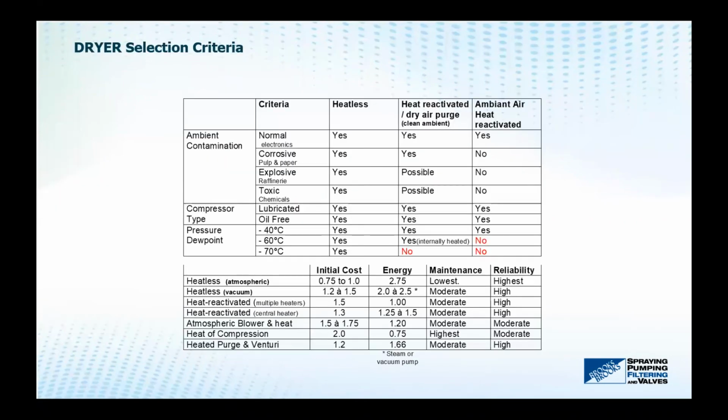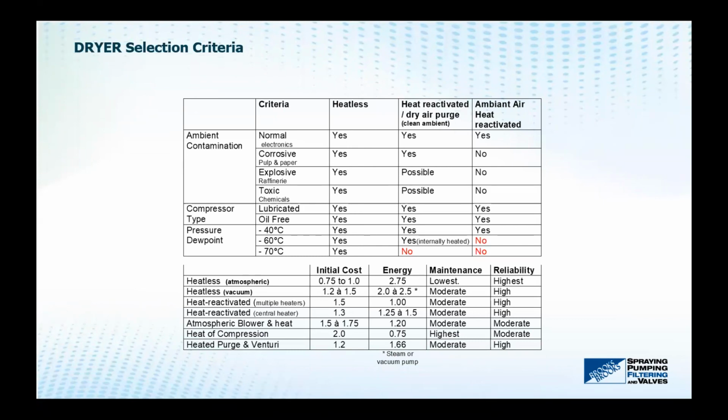As Russ was explaining earlier, when a customer comes to John Brooks, we evaluate certain criteria. What are the design conditions? What's the application for? Is reliability the most important factor? In certain industries, even though the energy cost may be more elevated, they just have to have uninterrupted operating conditions annually.